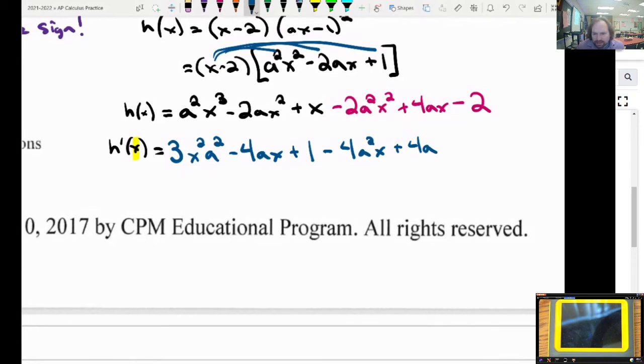Let's see. Now the challenge is going to be, how can I separate this out and think about how we can find places when this is going to equal 0? We could try to make it into a quadratic.